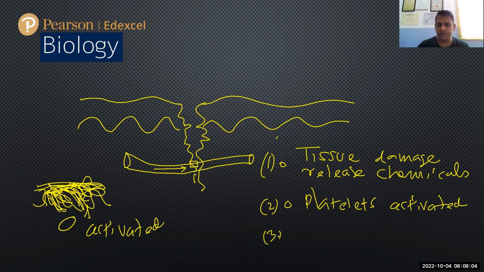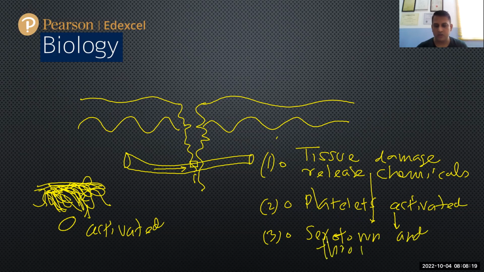Right, now the third one: tissue damage and also activated platelets both release chemicals. Example, serotonin and thromboplastin. Thromboplastin is a chemical which is mostly released from the activated platelet, and also serotonin.